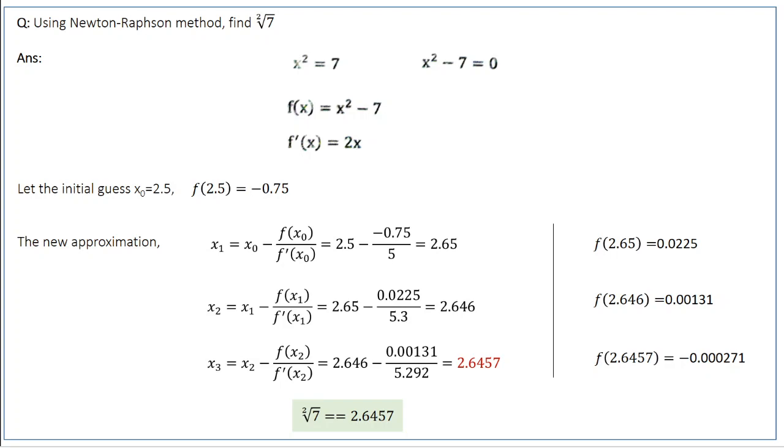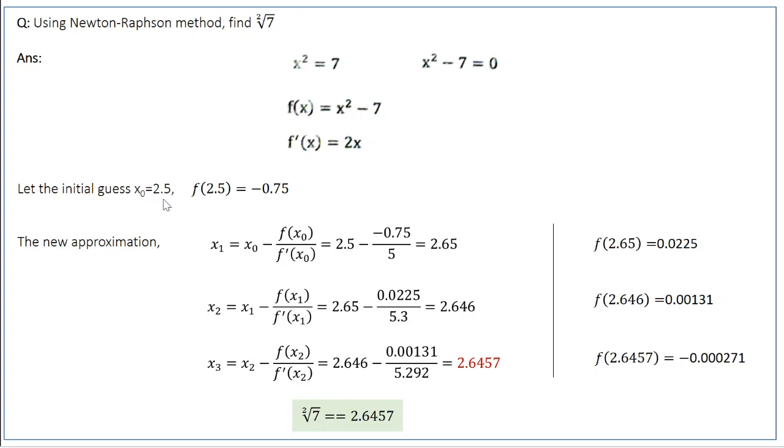So let me say 2.5 is my initial guess. It doesn't matter whether you choose 3 or 2, you will still be able to arrive at the actual solution after a number of iterations. Okay. So the idea is that, especially when you are doing it manually, you start with an initial guess which is closer to the actual value. So my initial guess x0 is 2.5.